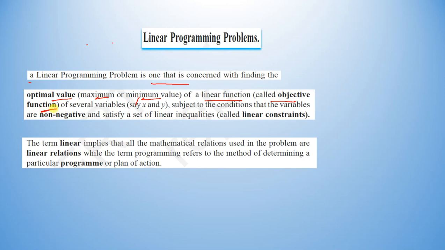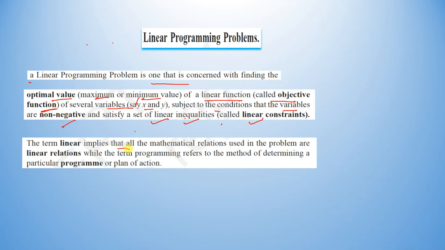Of several variables x and y, subject to the conditions that the variables they are non-negative and satisfy a set of linear inequalities. The last condition was the variables they are non-negative, and the constraints we have taken, they are in the form of linear inequalities. That's what they are called, linear constraints.